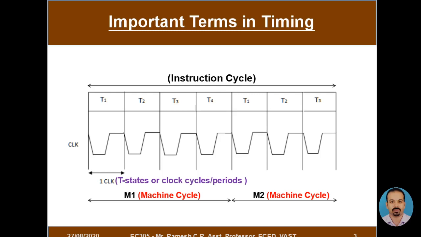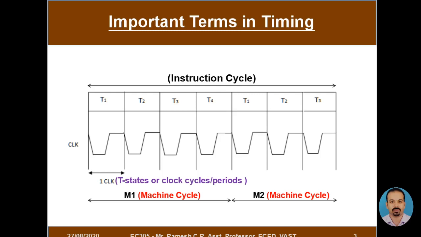One period of this clock cycle is defined as a T state, and from the figure you can see that there are multiple T states in a machine cycle as well as in an instruction cycle. A T state is the time taken by the 8085 microprocessor to complete a portion of the desired instruction or operation.